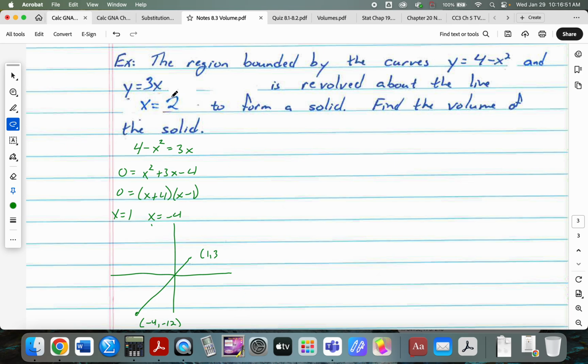Connecting those gets us the line y equals 3x. And then the parabola goes up a little higher, has its vertex at (0, 4), and looks something like this.